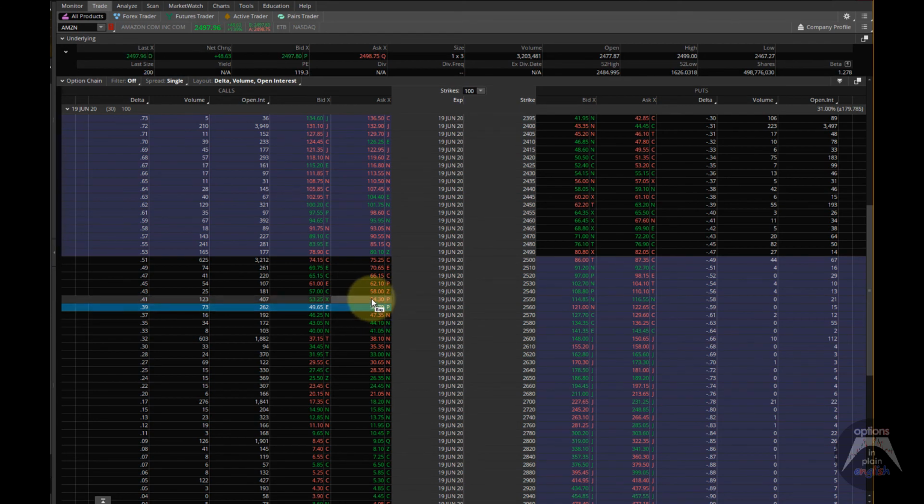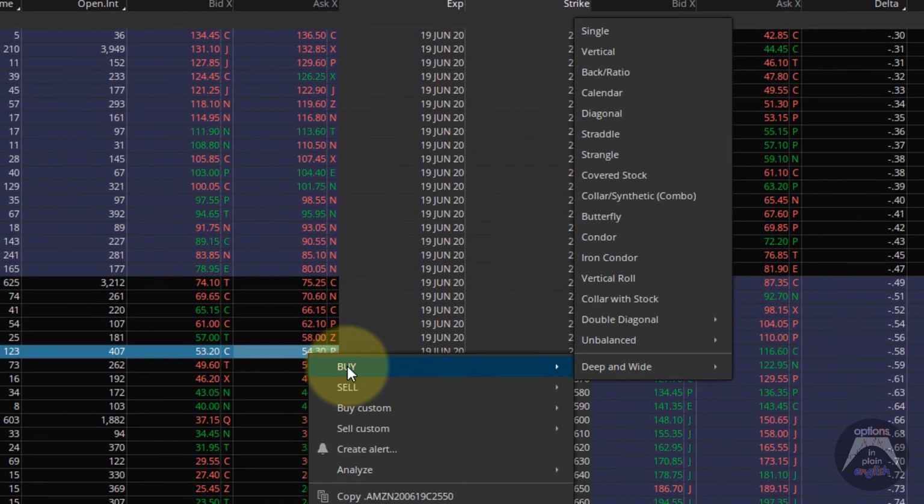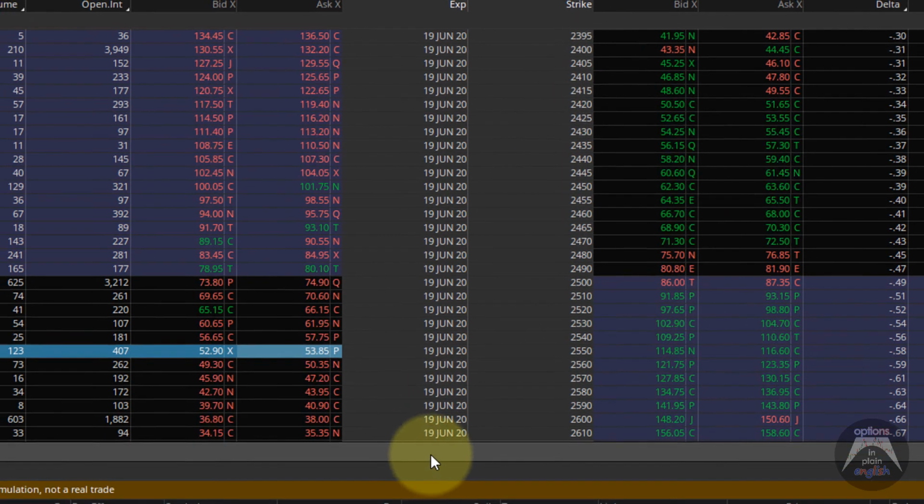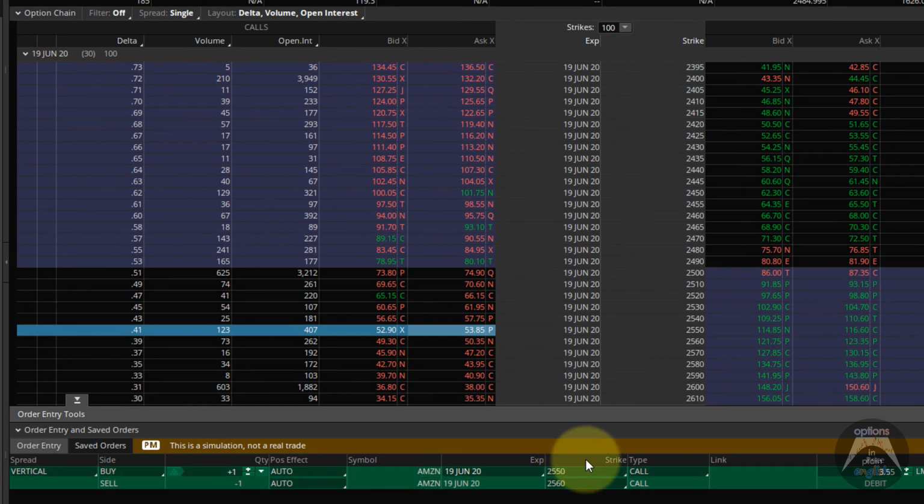Okay, so I'm going to go here, buy, vertical. Okay, and it's going to pick the next strike price, and in this case, this is the one that I want to buy. So this is good. So here, let's analyze this.